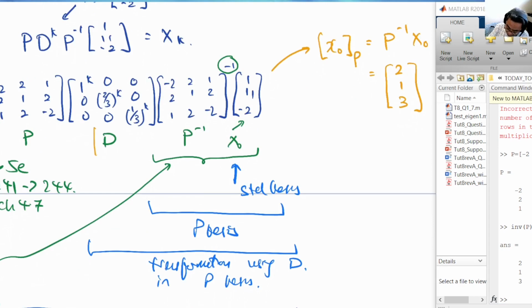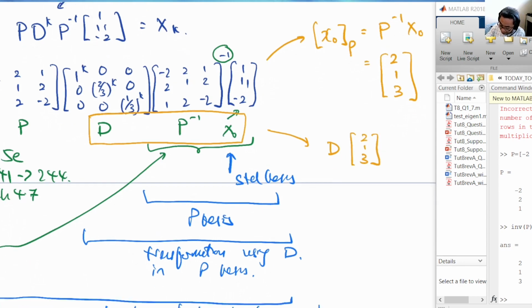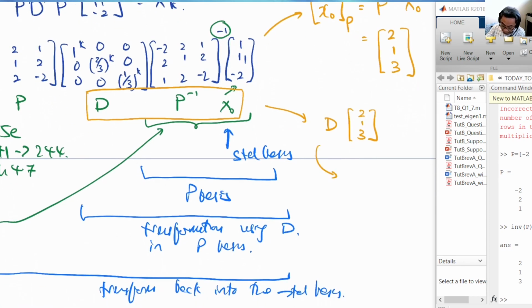So what do we do now? We want to do D^k times 2, 1, 3. Now what is D? D is a diagonal matrix, so that's relatively easy. What we'll get is 2 times 1^k, and 3 by 3 times 3 by 1, we get 3 by 1.